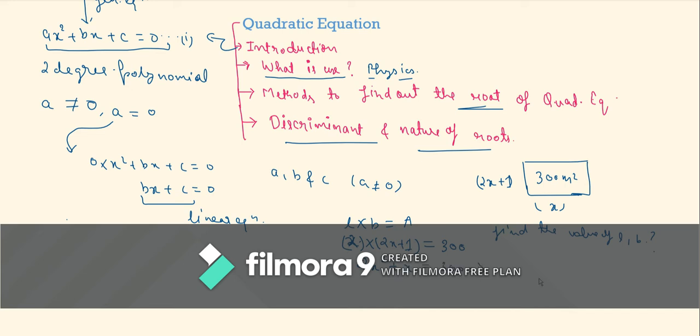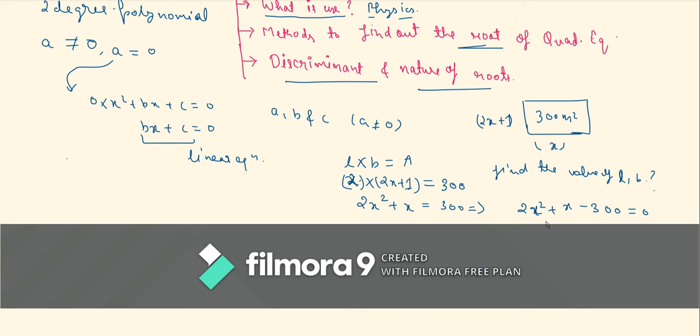This implies that 2x square plus x minus 300 is equal to 0. Although in this equation I will not calculate the value of x as length and breadth, clearly you can see this is a quadratic equation, or you can also compare this equation with ax square plus bx plus c is equal to 0. So the value of a is 2, b is 1 and c is minus 300.